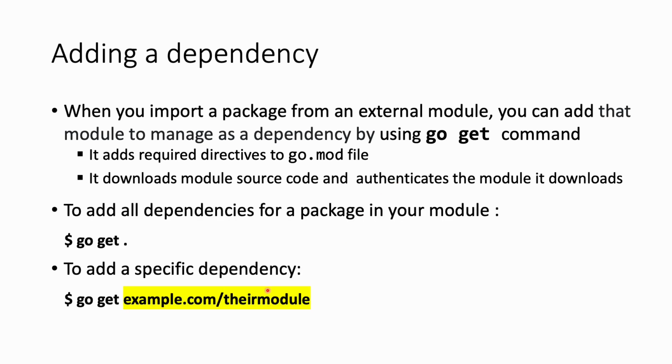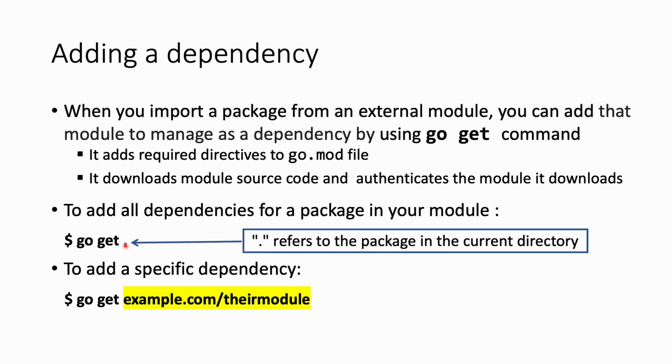The following describes a few examples. The first example is to add all dependencies for a package in your module. You simply run the go get command with the dot as its argument. The dot refers to the package in the current directory. The second example is to add a specific dependency.